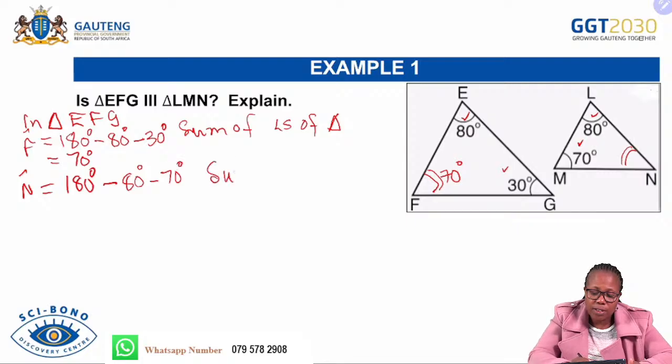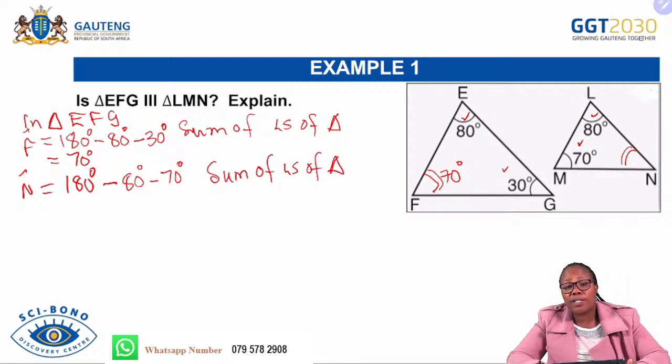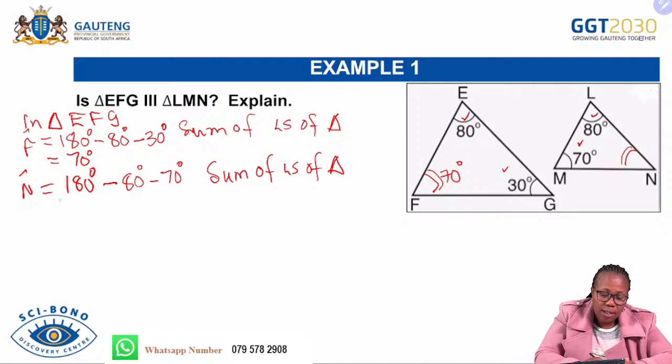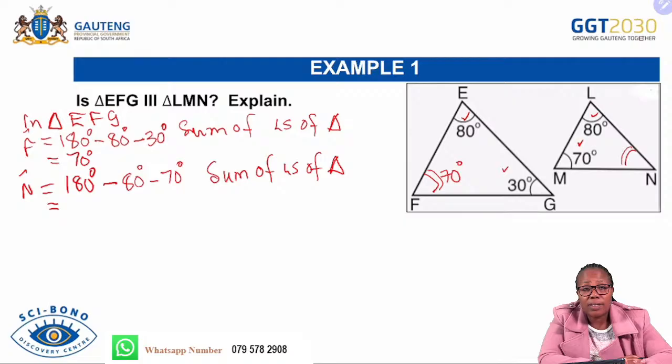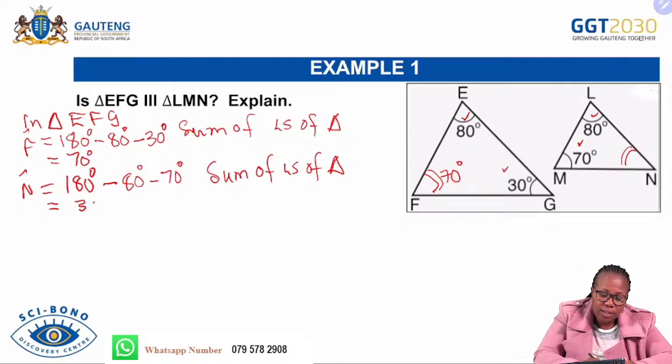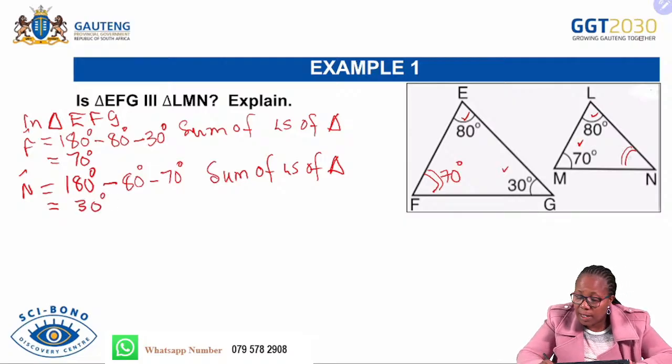Why are we doing that? It's because of the sum of angles of a triangle. You know geometry, for every statement there must be a supporting reason. Okay, and then this will end up giving us how much? The 30 degrees. That means angle N will be 30 degrees.